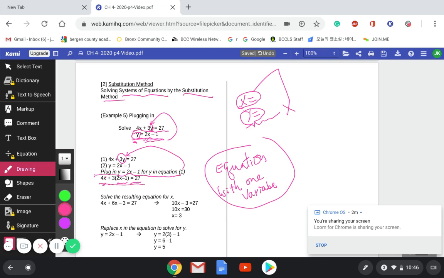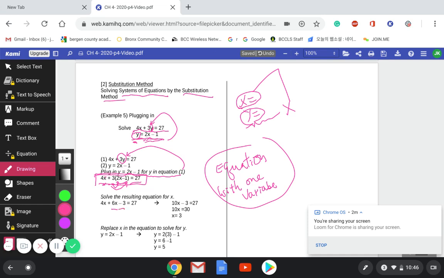So when you have 4x plus 3 times (2x minus 1), the first thing you do is distribute the 3 in front of the parentheses into the expression inside. 3 times 2x is 6x, and 3 times minus 1 becomes minus 3.